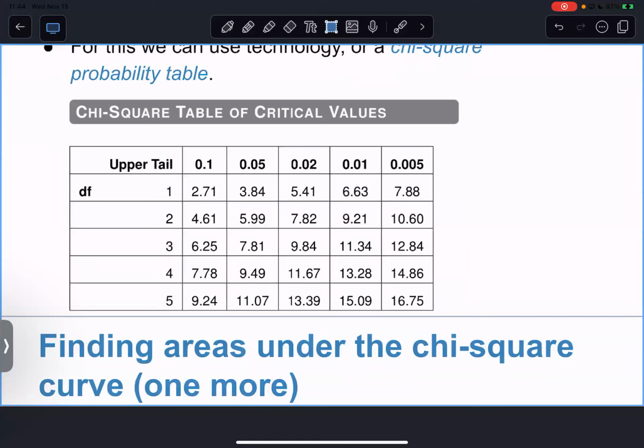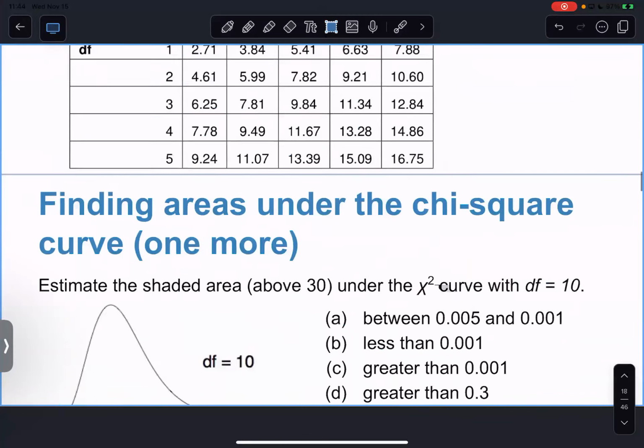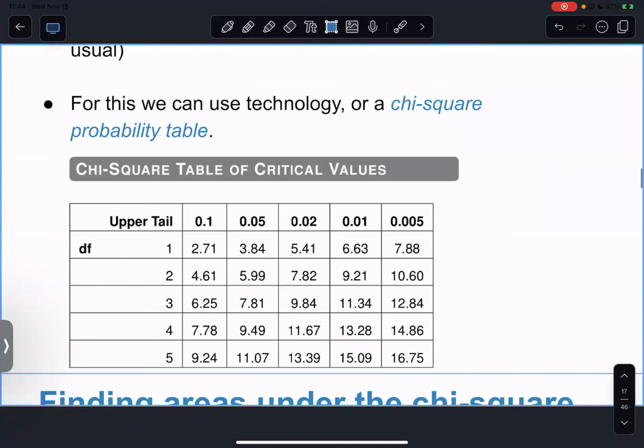But this is the one that I expect you to be working from. So there's an example of the probability table down here that we'll use. But why did I cut it at 5 degrees of freedom? What would 5 degrees of freedom look like? You'd have to have 6 categories. That's plenty, right? We don't want to compare more than that. Usually we're talking about maybe 4 categories, which means I have 3 degrees of freedom, right?